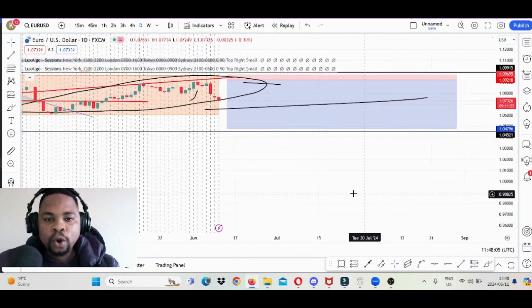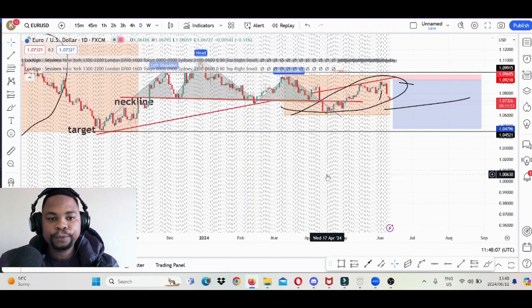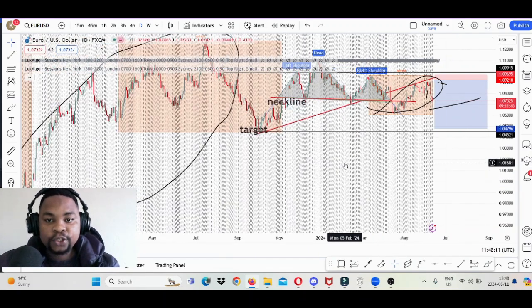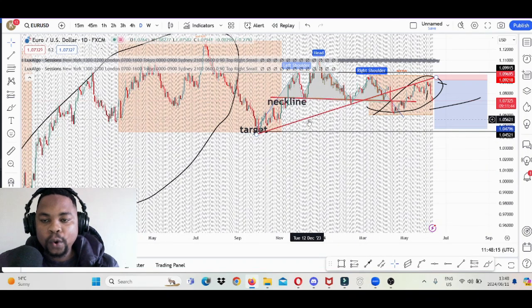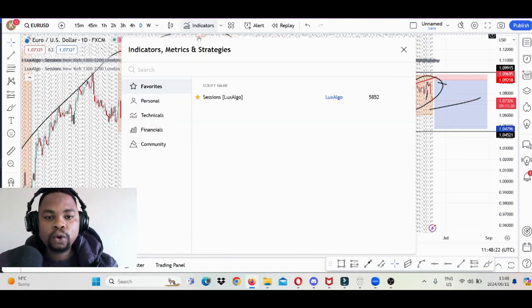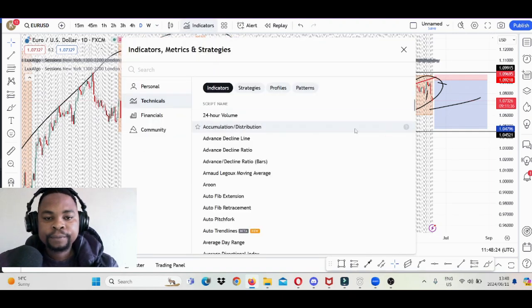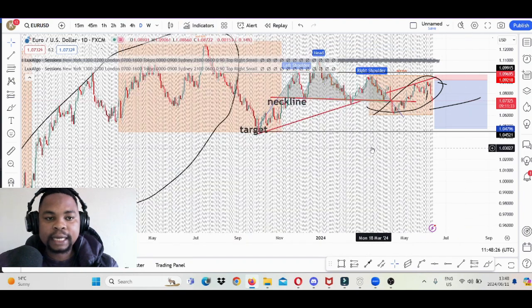As you will know, if you had your sessions indicator on, and then you had your markings of your head and shoulders, you would know which session you're going to be entering, which session you're going to be looking for your buys to actually come into play.